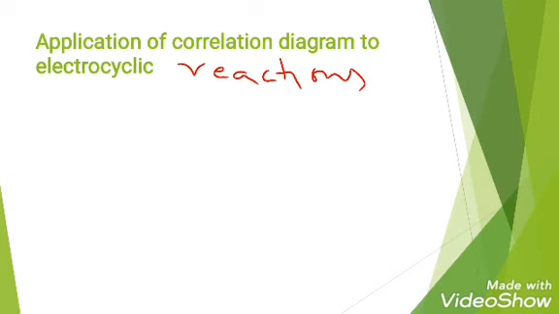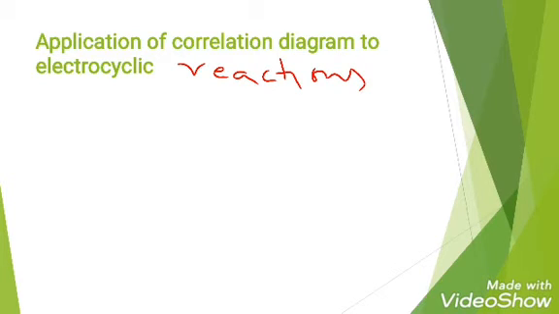Application of correlation diagram to electrocyclic reactions. So let us apply this correlation diagram method to electrocyclic reactions. An electrocyclic reaction is a concerted and cyclic process in which reactant orbitals transform into product orbitals.